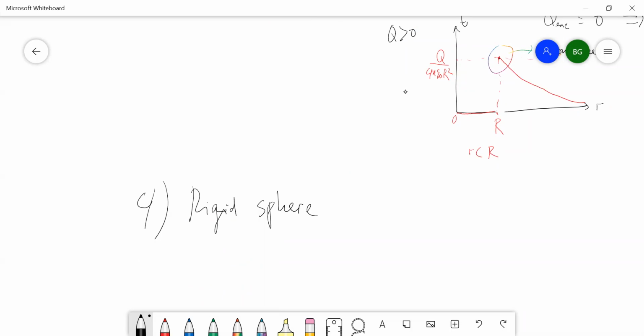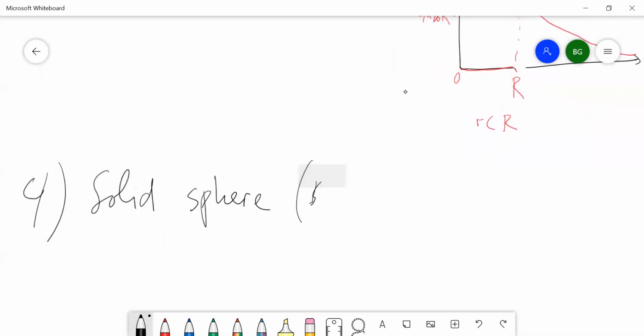Oh, sorry, maybe the correct term is solid sphere, a sphere with filling.